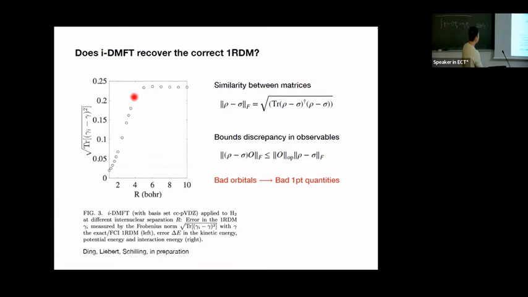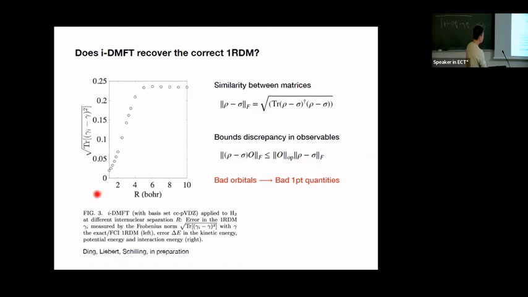And this distance function that we define here is the Frobenius norm. So it's defined as the square root of the trace of this quantity here. And by studying these distance functions, instead of looking at observables alone, you get a more universal picture, namely the difference between expectation values of any observable between two density matrices is bounded from above by this distance between the two density matrices.